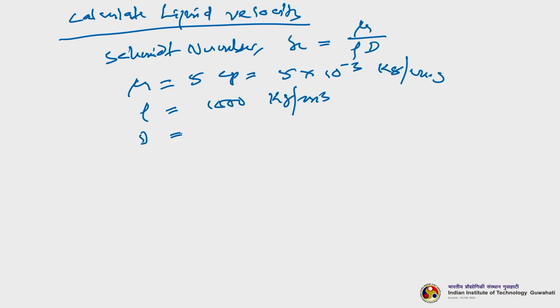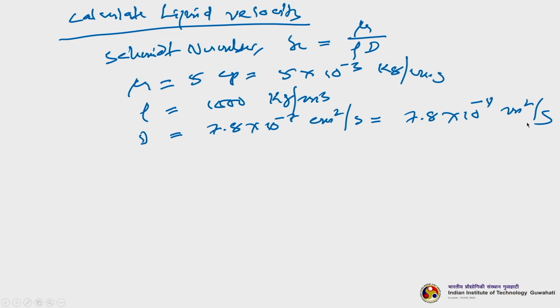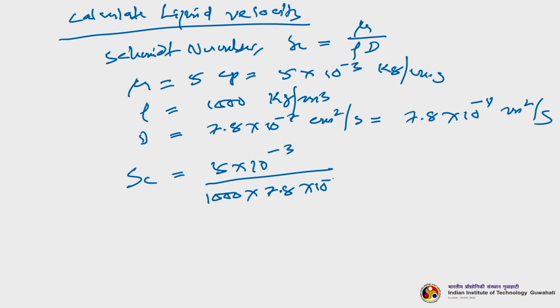Diffusivity is given as 7.8 into 10 power of minus 7 centimeter square per second, so let us convert to meter square, that is 7.8 into 10 power of minus 11 meter square per second. Now find out the Schmidt number: substituting all these values, it becomes 6.41 into 10 power of 5.